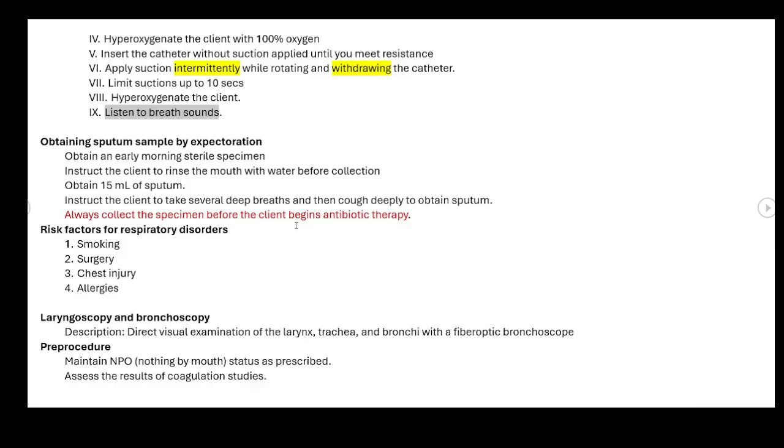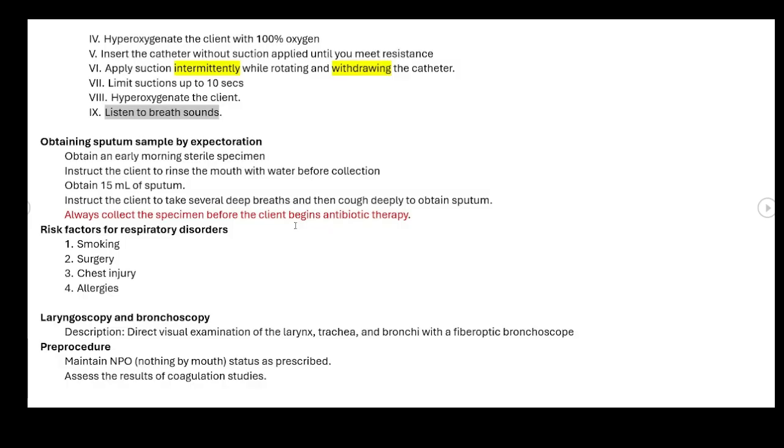If the organism is identified, they will switch the antibiotics and give antibiotics that are more specific to the identified bacteria. I hope you understand this concept because it's something that they test a lot, and you will also need it, especially in your new generation questions or the case studies.